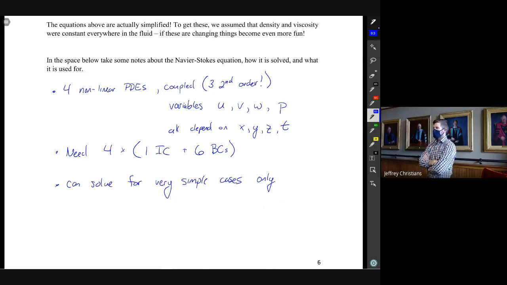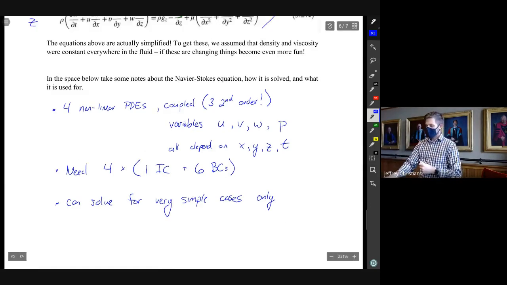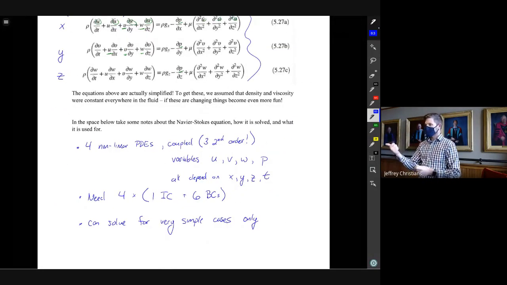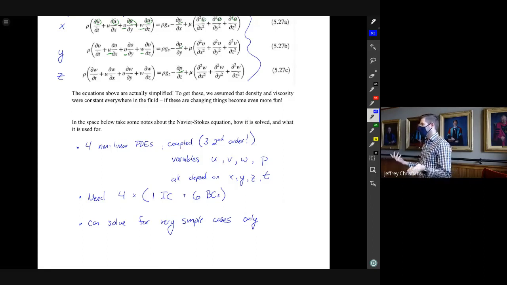One of the cool things about this is if we can solve these, then we know velocities u, v, w, and pressure everywhere. Exactly. So if we want to calculate things like forces, we can do that. If we want to watch what velocities are everywhere, we know that. We know everything exactly.